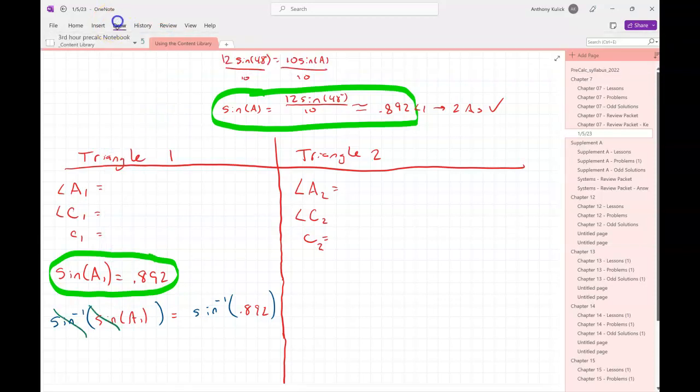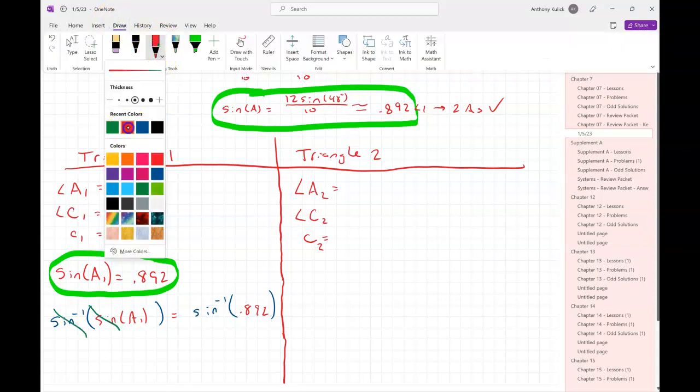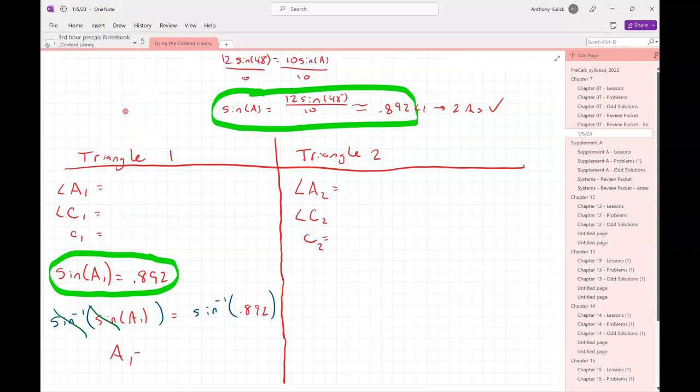So sine inverse cancels out sine. And how do I calculate sine inverse of 0.892? Calculator, exactly right.